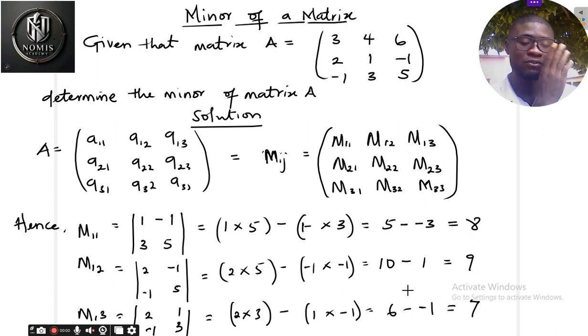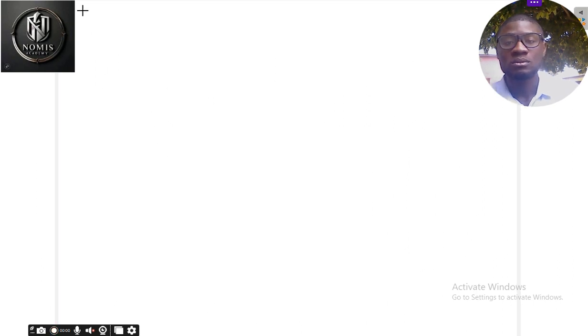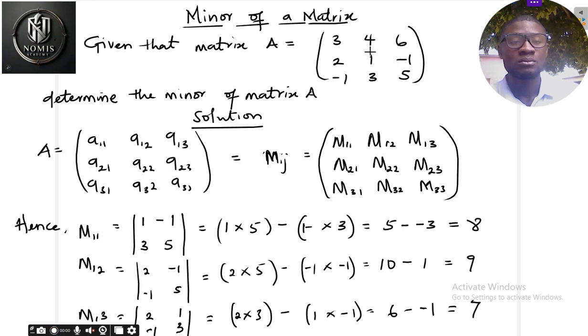So let's calculate M21. M21 is equal to, this is row 2 and this is column 1. Meaning that we will delete this row and this column.